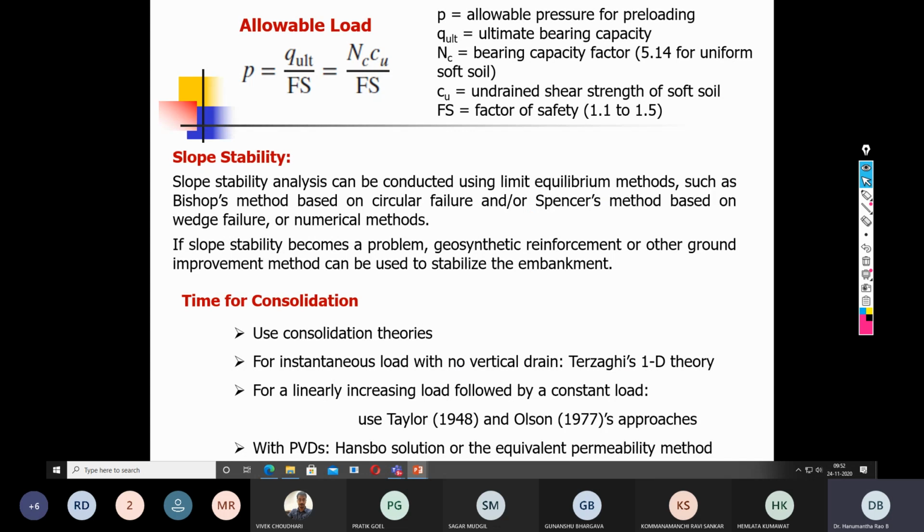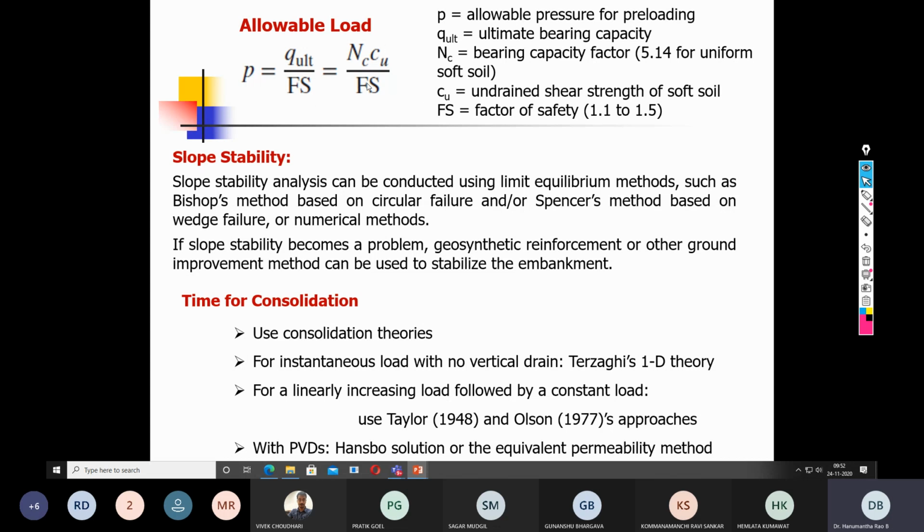So when you talk about the PVD, the accelerated consolidation, we normally implement this sand drain on a weak soil where the bearing capacity is a problem. In that case, how to calculate the minimum bearing capacity offered by the clay material? You can use this equation, where P equals Q ultimate by factor of safety.